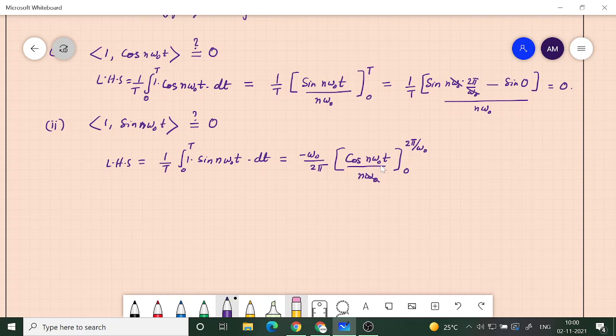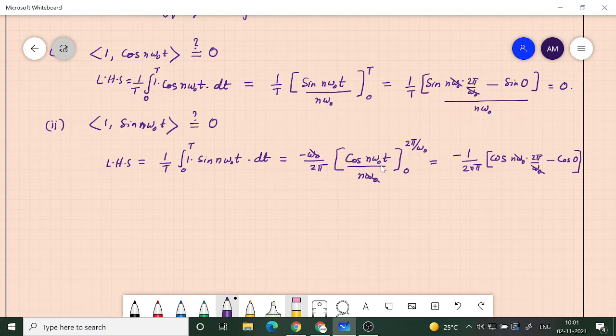Now I can cancel this and this. So I can write it as minus 1 by 2n pi, that is a constant, and in bracket I have cos n omega naught into 2 pi by omega naught minus cos 0. Again omega naught cancels. Cos 2n pi is what?